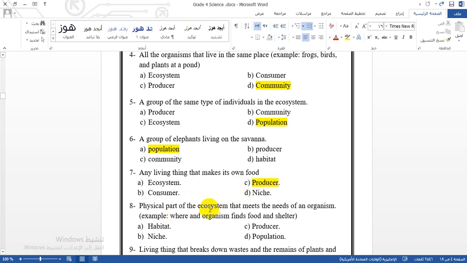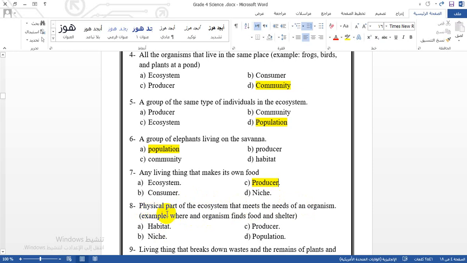The physical part of the ecosystem that meets the needs of an organism. Okay, the physical part of the ecosystem that meets the needs of the organism is an example of what, guys? The physical part.